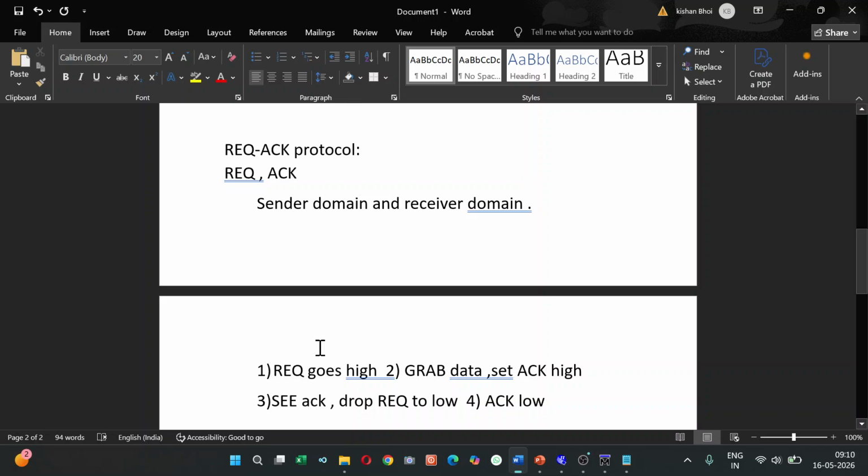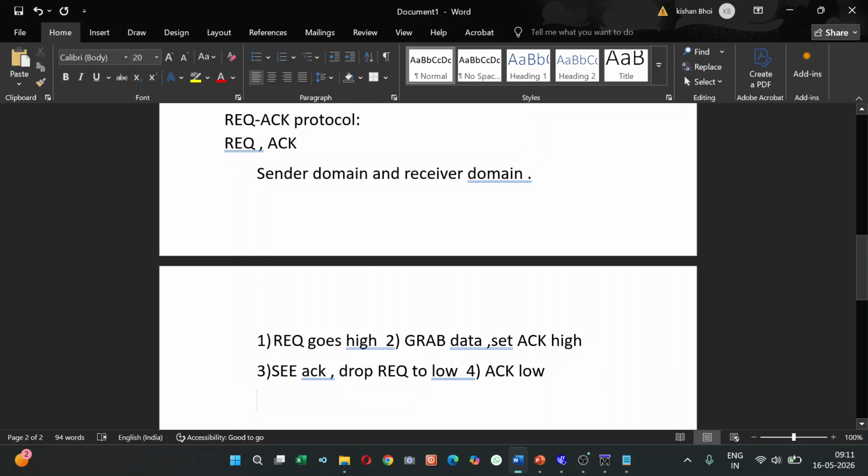Again I explain it. At the sender domain, request goes high first, and when the receiver domain sees request at 1, it will grab data and set acknowledge high. Now the sender domain will see acknowledge is high and it will drop request to low, and on the other side the receiver domain will see that request is low and it will force acknowledge to go low also.